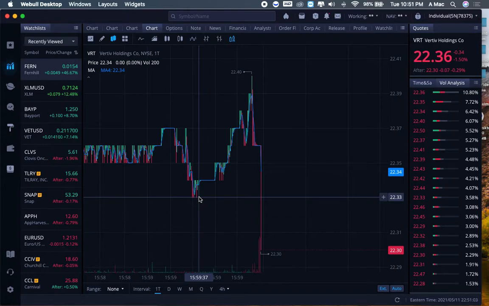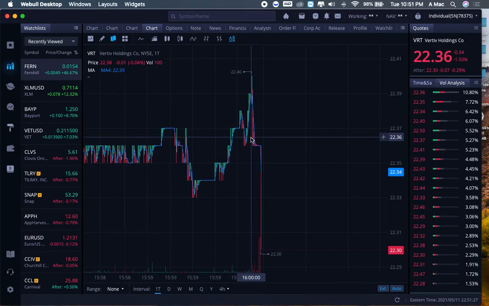If you say I'm buying at $22.33 per share, and if it goes up, I want it to be trailed, and I want it to be sold if it comes back down at $22.39.